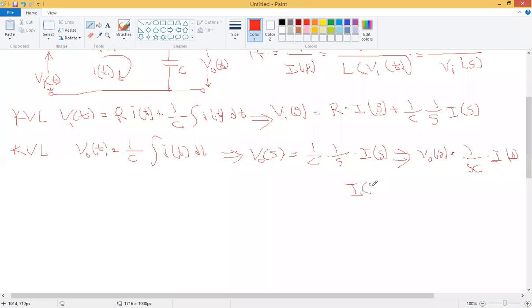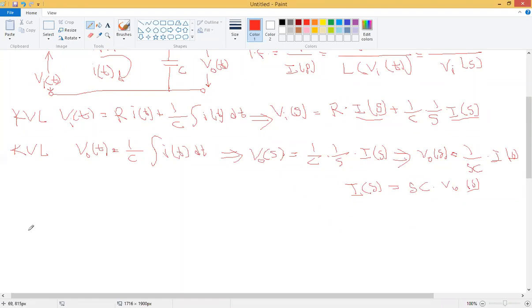I of S is equal to, 1 upon SC goes to the left hand side, so it becomes multiplying SC, V of S. So I of S becomes SC into V of S. This same I of S can be replaced in the other equation.